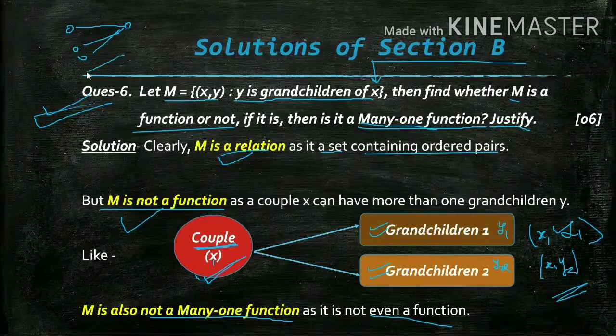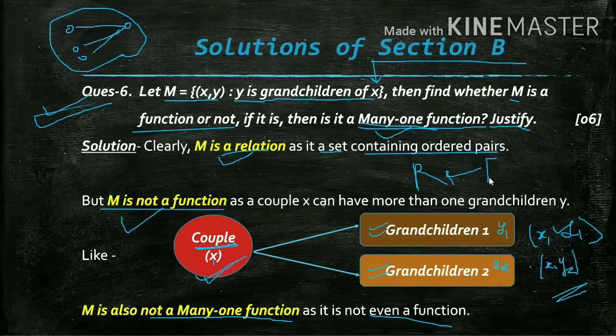So if that thing is true, then you would say yes, it is a many one function. Otherwise, it is not. We'll see more criteria on how to classify them as many one functions and one one functions in the chapter on relations and functions. But up till now, just get this criteria clear in your mind, right? And we'll be dealing with this in more detail when we study the chapter relations and functions.